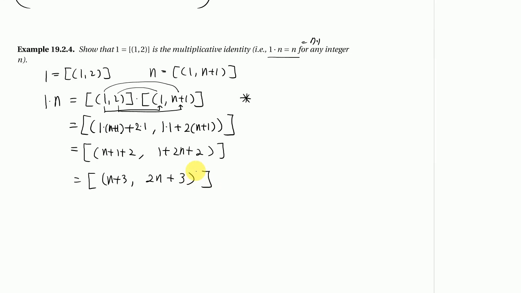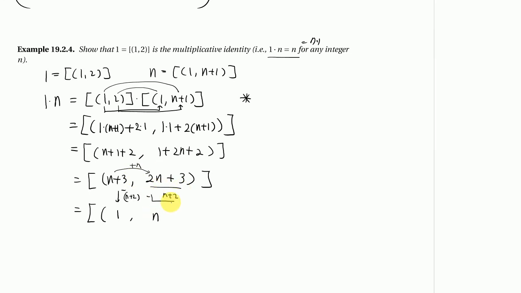Okay, so in this case, you can think how much we need to change like this. We just need to add n, right? But maybe it's better to ask how much we have to subtract to get 1, right? Then it's n plus 2. Be careful, right? We have to subtract n plus 2. So we subtract n plus 2 from there.